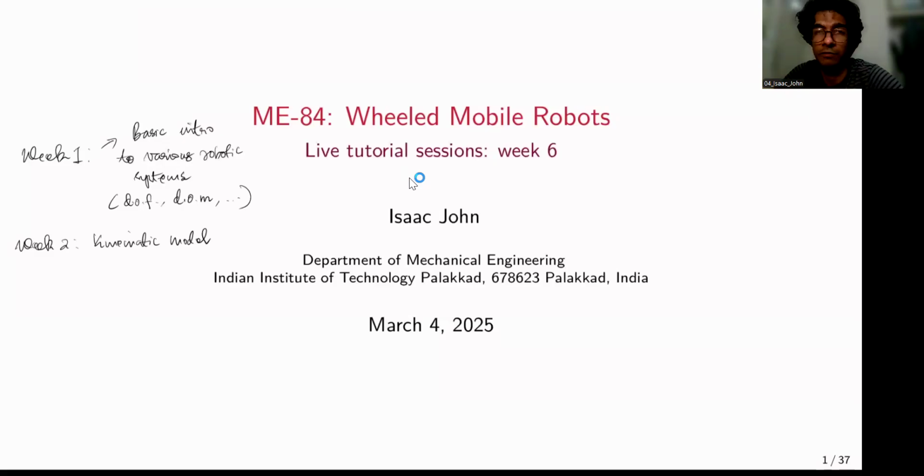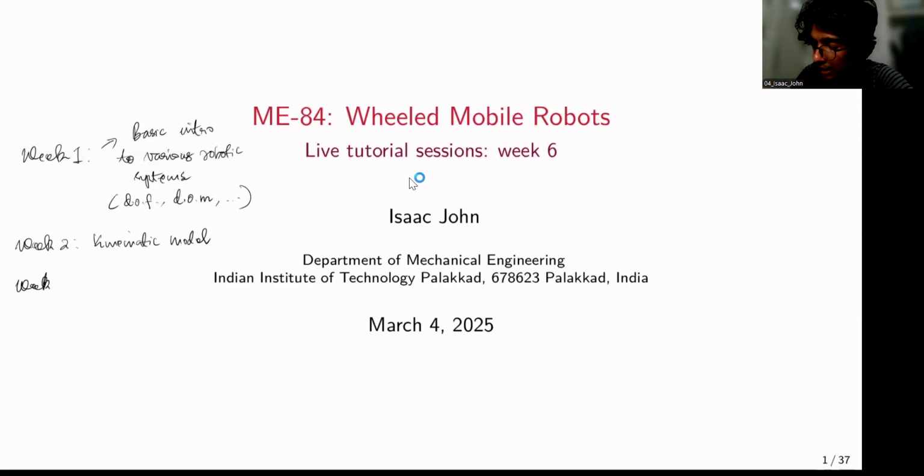Those very similar to a tricycle, then those similar to an automobile, with two driven and steerable wheels at the front and two passive wheels at the back. Then we have seen configurations that use unconventional wheels, such as the ones with four mecanum wheels and the one with three omni wheels. So we have discussed the kinematics of all different configurations of wheeled mobile robots in week two.